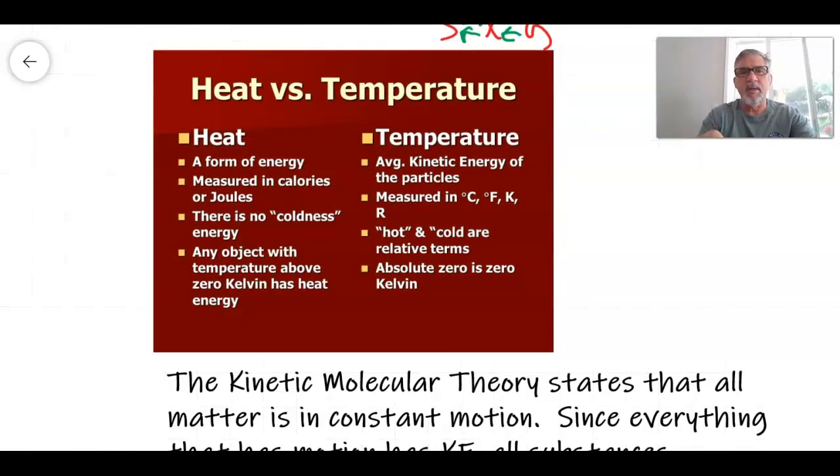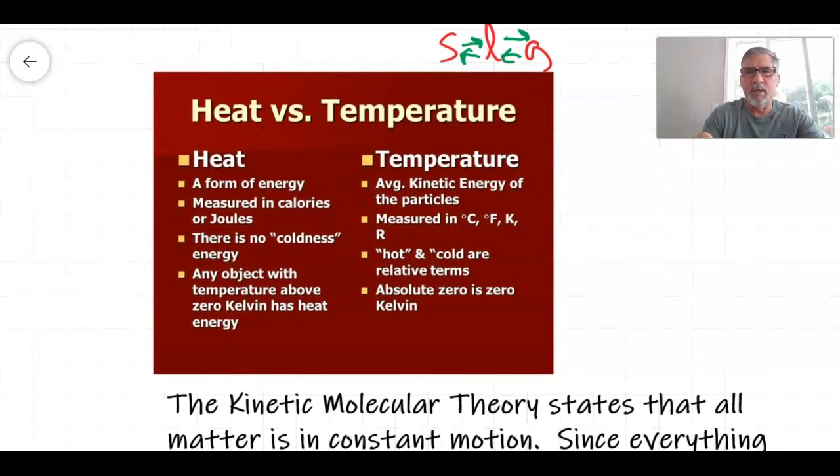So before we can talk about that, we have to talk about the difference between heat and temperature. These are words in the English language which we use interchangeably, but they're really not the same thing.